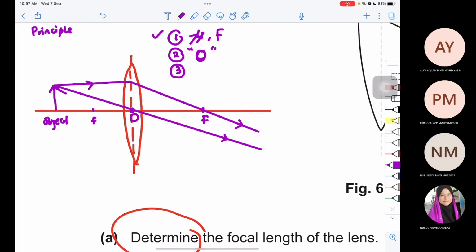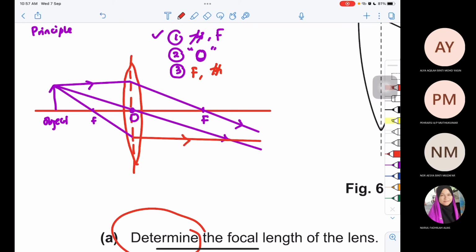You buat line tu ke focal point, sampai to the lens, dia terbalik dengan ni. So yang ni, F dulu, lepas F parallel. So you akan pergi mana? Ni.